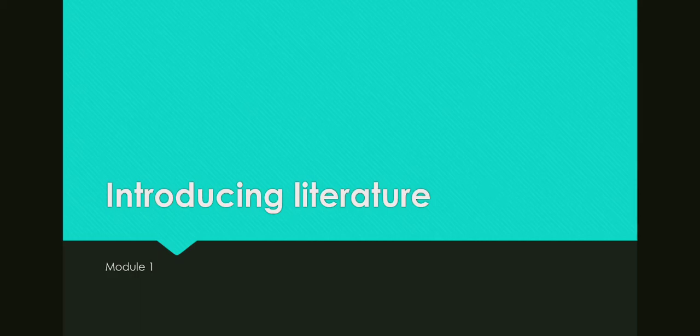So we have this paper, Introducing Literature, and we have seen an introduction on what is literature. You might have an idea about what you are going to learn through this course, English Language and Literature. So the first semester there is Introducing Literature for you.